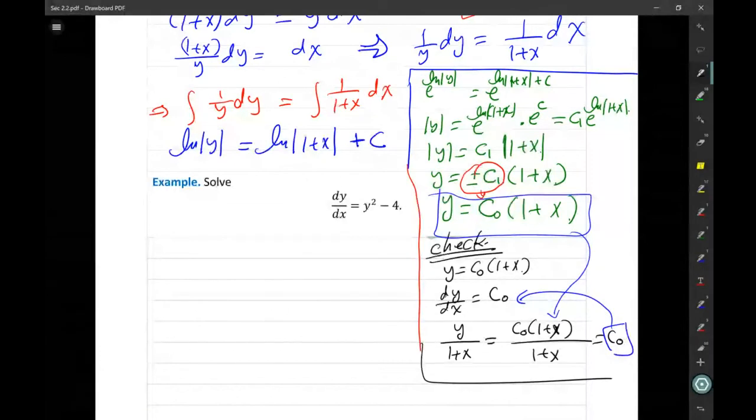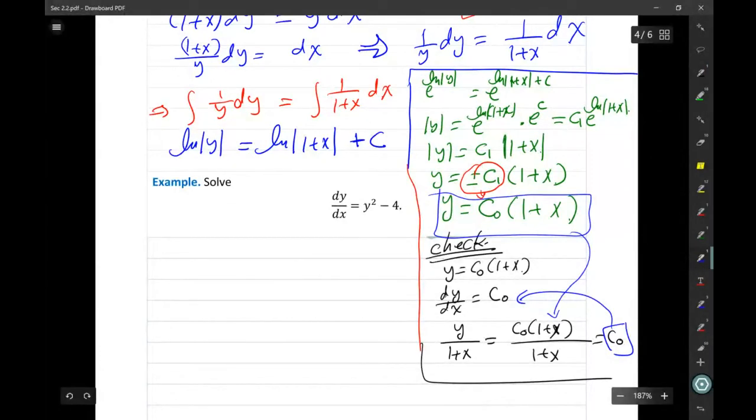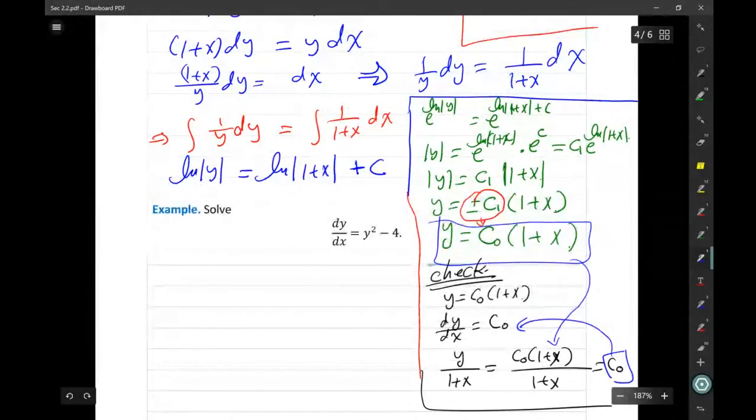It says solve dy by dx is equal to y square minus 4.